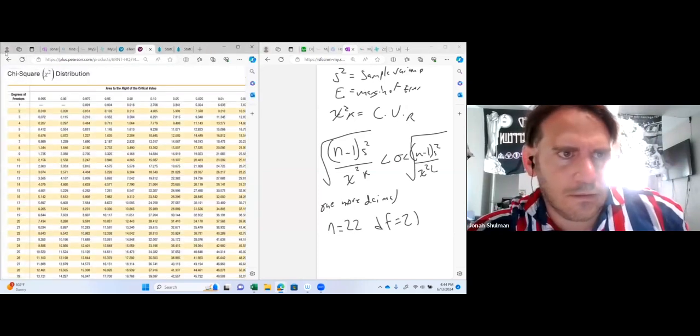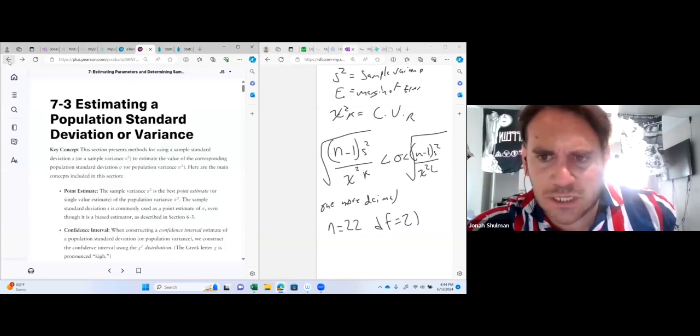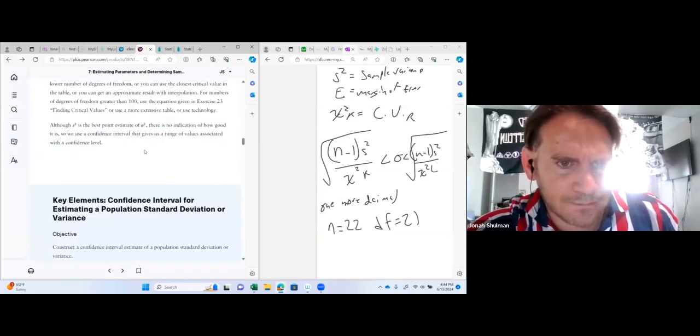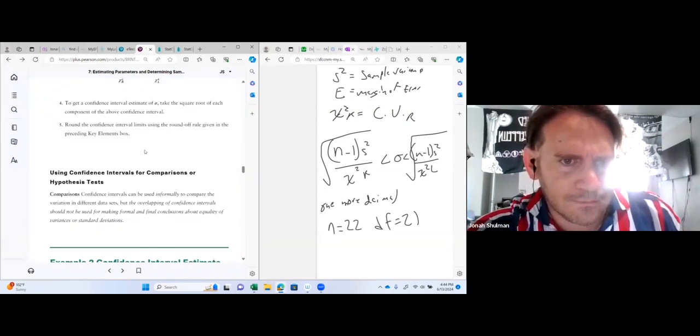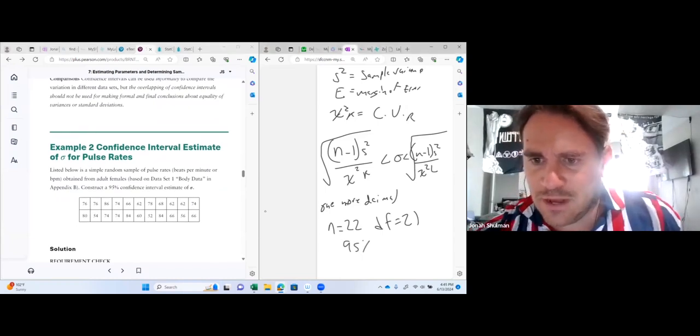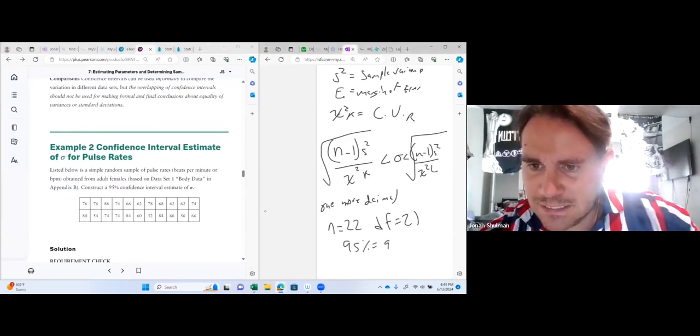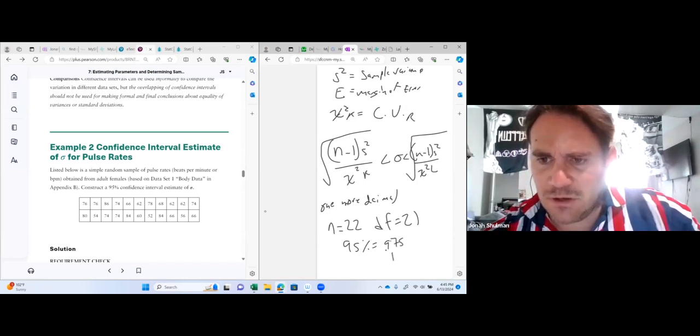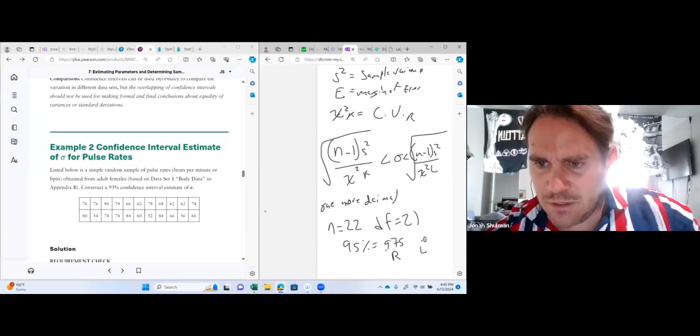It was a 95%? I don't remember. 95%. Cool. So for 95%, we know one's going to be 0.975. This is going to be the right-hand side, and the left-hand side is going to be 0.025.